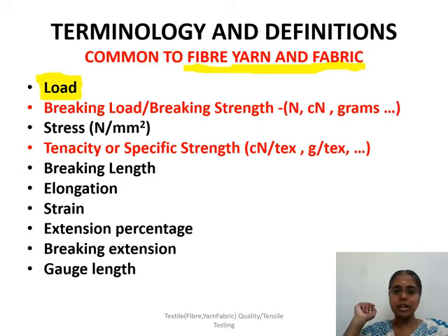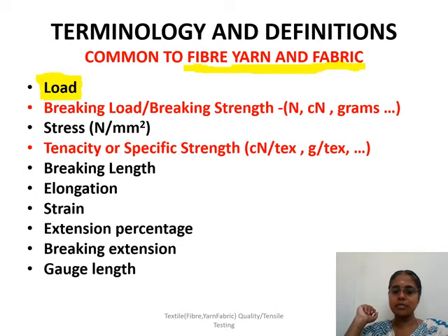We test for the linear density of the material. We do not test the diameter, but linear density and diameter are proportional. Hence we can't go for stress measurement. So we go for another term, specific strength, which is force divided by linear density. Stress is force by cross-sectional area.